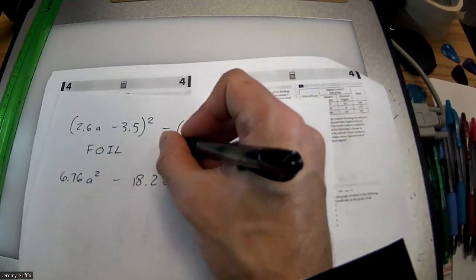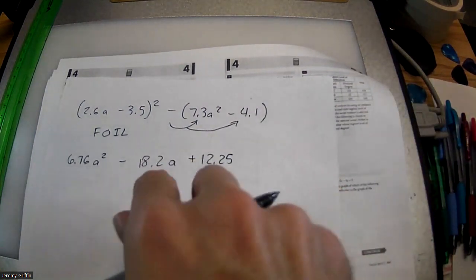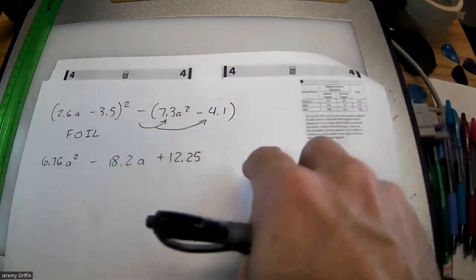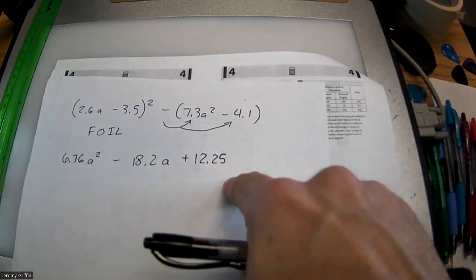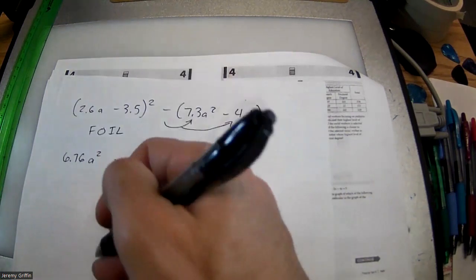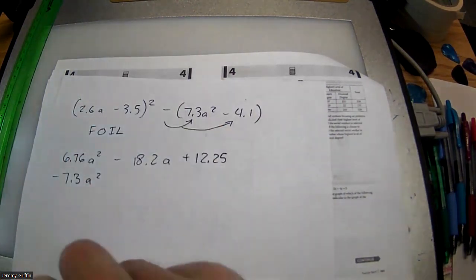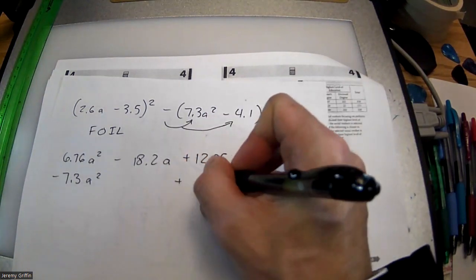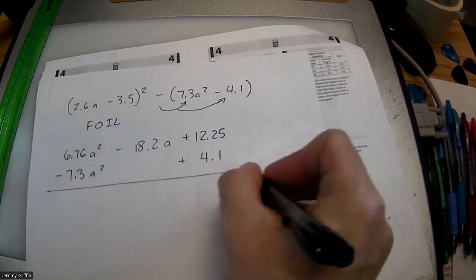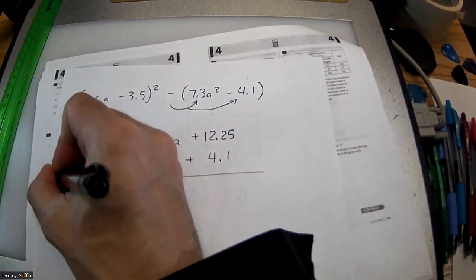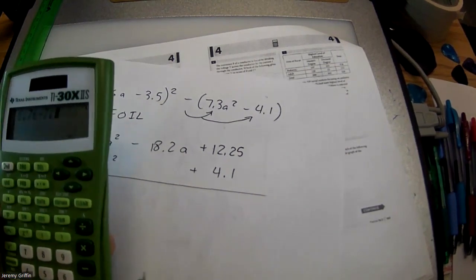Let's distribute this negative sign. I'm kind of running out of paper here, so I'm going to align this directly underneath this and match up the terms. So wouldn't this be minus 7.3a squared plus 4.1? You just add these together. What is 6.76 minus 7.3?